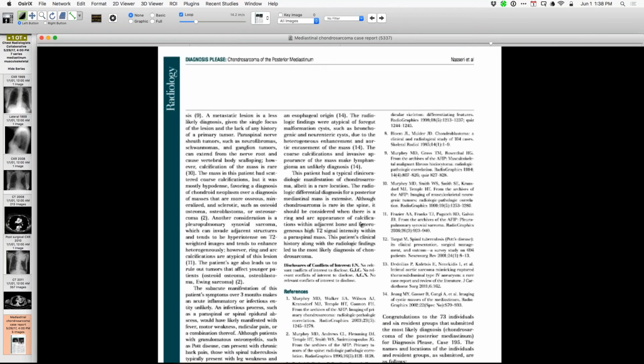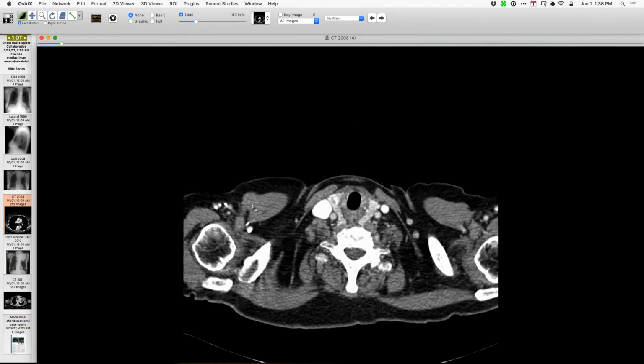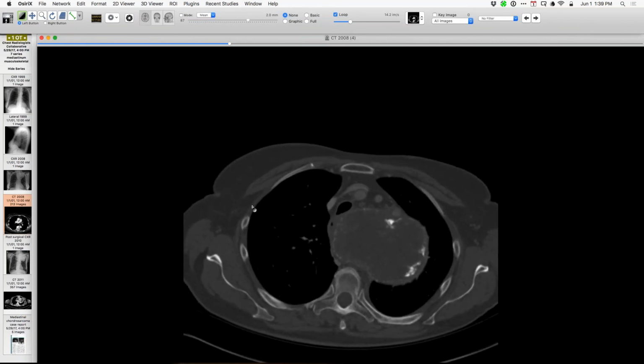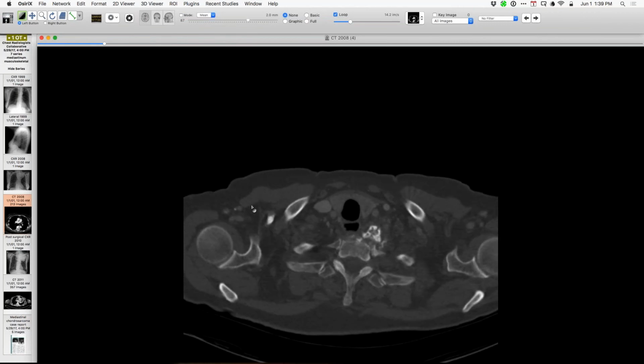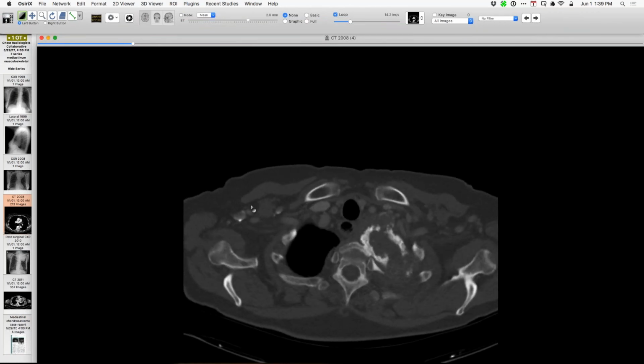I'm not sure. Okay. I mean, the underlying vertebral body looked pretty unperturbed in this case, implying to me that there may have been contiguity rather than arising from the spine. Yeah. Hard to say, isn't it?